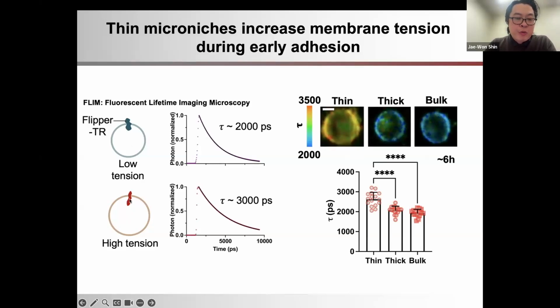This change in conformation upon high tension results in a slower decay in fluorescence lifetime imaging. That way we're able to measure and understand the membrane tension of the live cells that are encapsulated in the microniches.